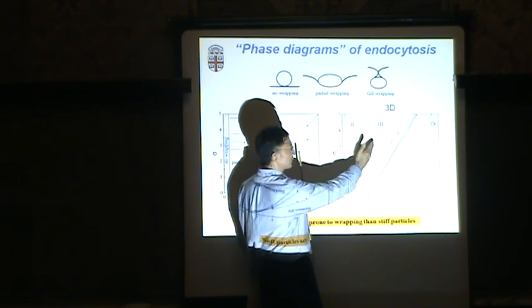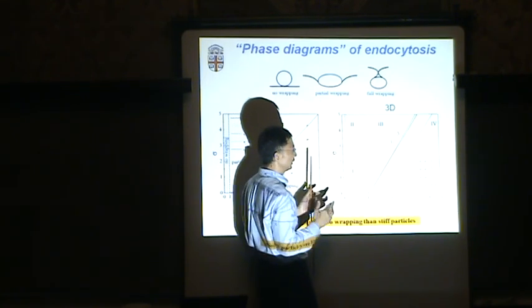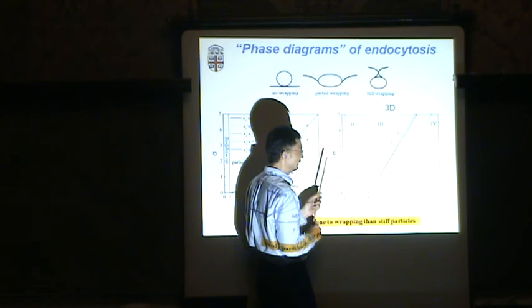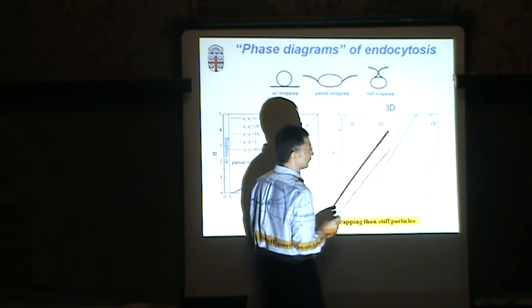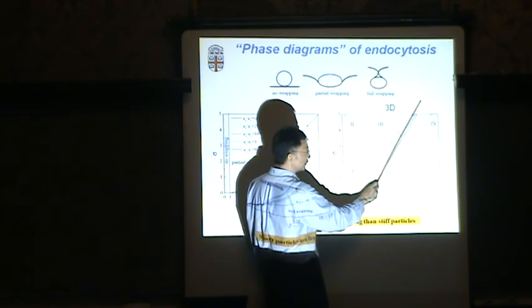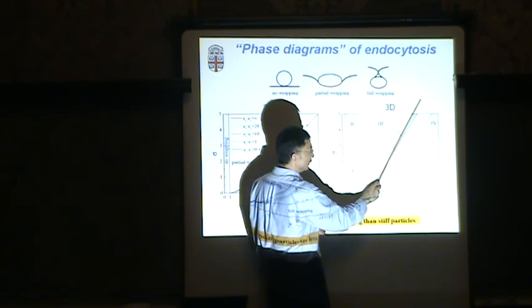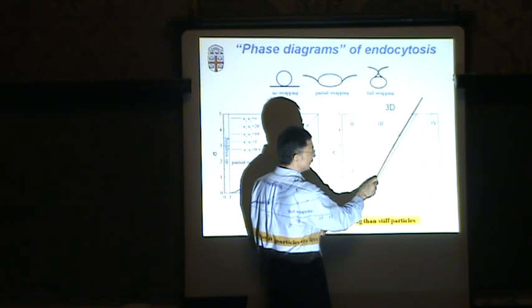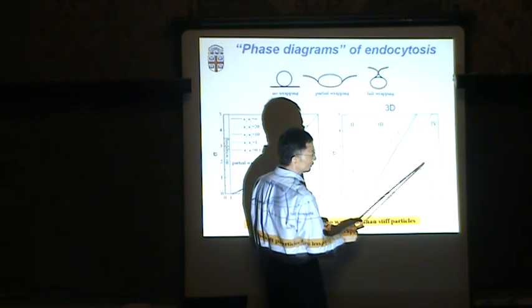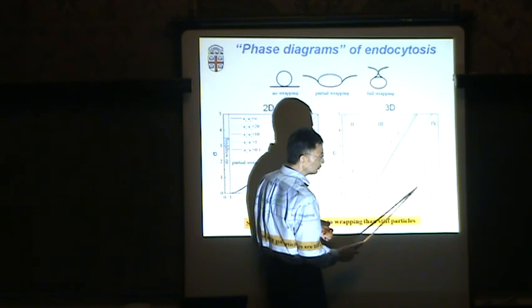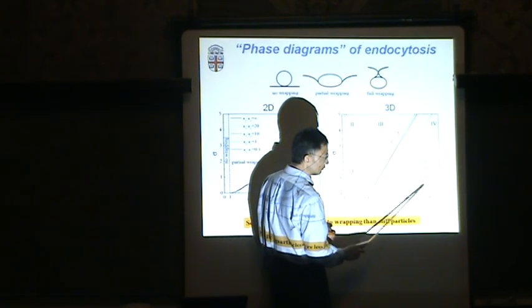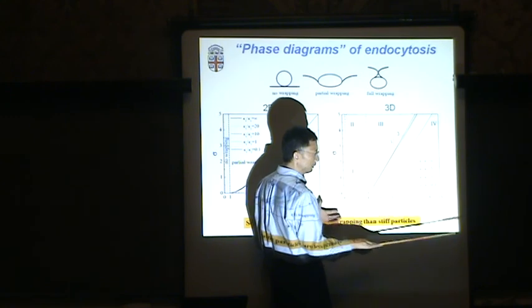Here are a couple of phases. I don't have time to explain in detail, but let me just point out that phase number 4 is full wrapping. This phase boundary is most important in 3D. The rigid phase is still the black. For a range of particle stiffness, it doesn't change much in 3D, until the particle is much softer, about 10%, where the particle stiffness is only 10% of the membrane stiffness.